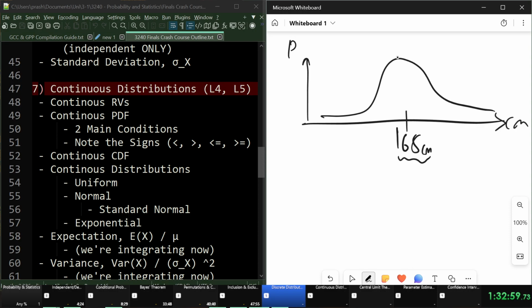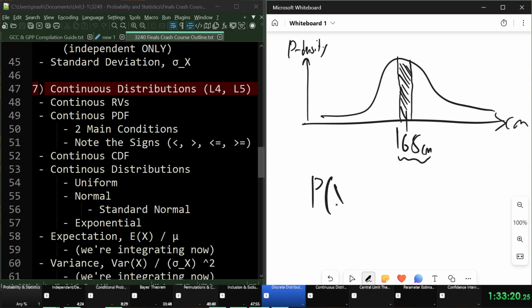The best that you can do is make a small rectangle here. I think it's probability density. I think that's a better way to put this graph. And this area here is an approximation of how many people are 165 cm.